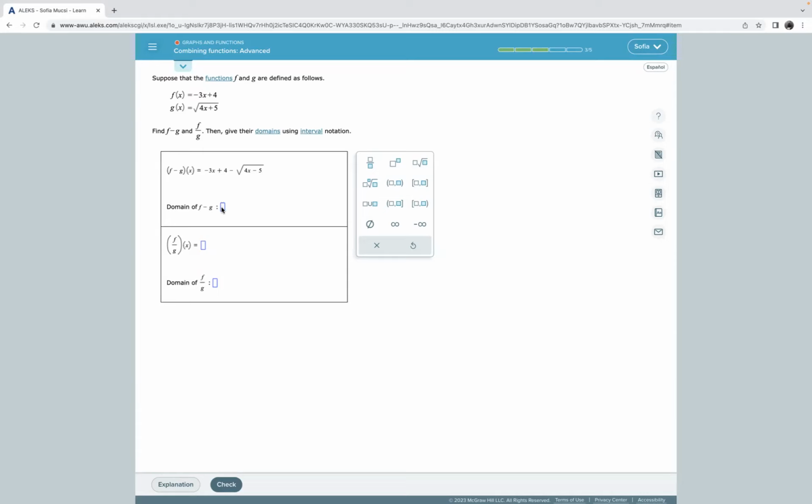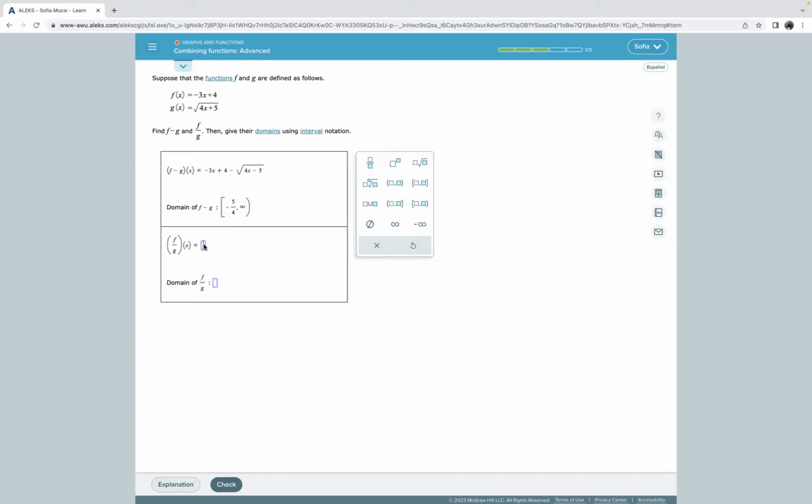So I take it out of the square root, and you set the 4x plus 5 greater than or equal to 0. So I have x is negative 5/4 to infinity. Like that. Good.